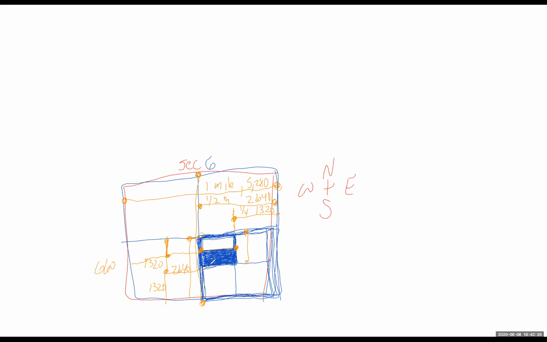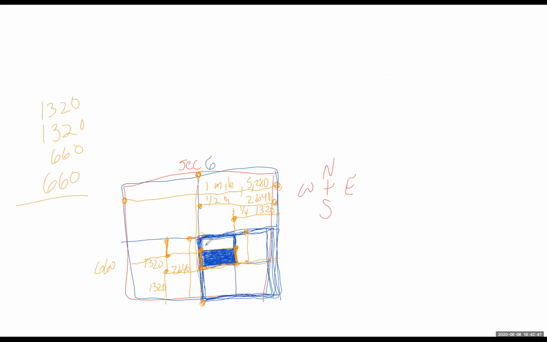Well, remember, from here to here is what? 1320. So from here to here is going to be 1320, and if I was to go from here to here, it's 660. 1320 and the other sides, but if I'm going up and down, 660, 660. Does everybody follow me?